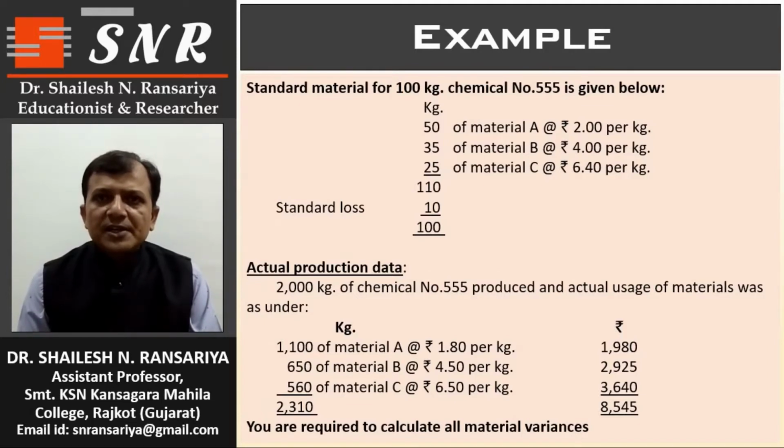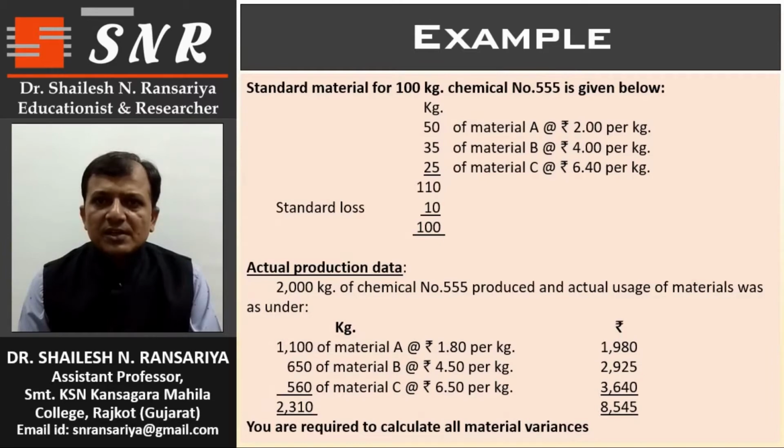Total 110. Standard loss 10. So production 100. Actual production data: 2000 kg of chemical number 555 produced and actual usage of materials was as under.